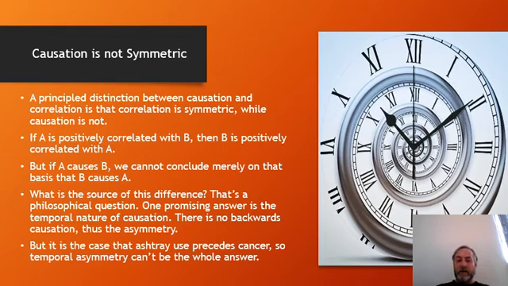Maybe. But there are correlations that have this temporal asymmetry as well that still aren't causes. Your ashtray use will precede your getting lung cancer, but that alone doesn't make it a cause. Just because something is earlier in time, that isn't it. So correlation plus temporal asymmetry can't be the whole answer for what makes something causation.